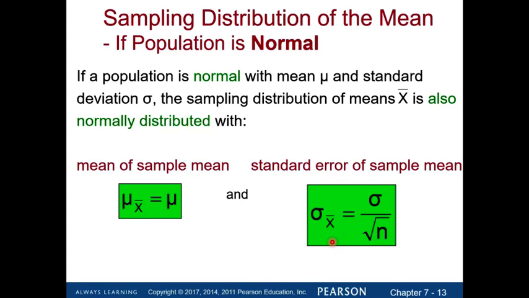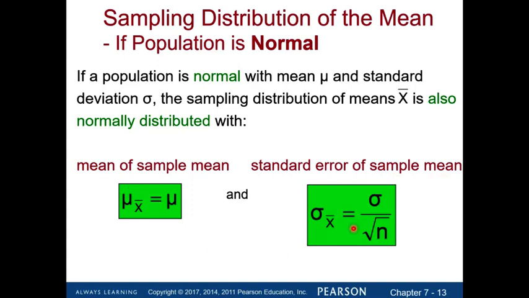Sampling distribution has two possible scenarios. One possible scenario is the population is normal, and the other scenario is the population is not normal. But no matter whether the population distribution is normally distributed or not, the mean of sample means and the standard error of sample means always follow these two formulas.